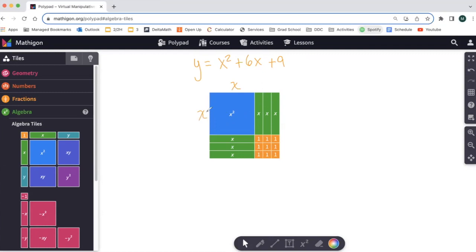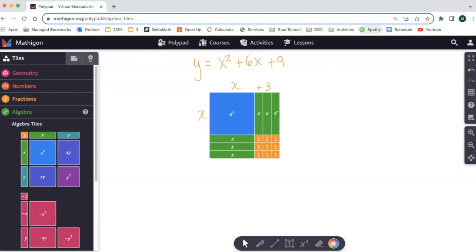So right here we have x times something was x. That would be a 1. X times something was x, that's 1. And x times something is x, that's 1. So what we really see here is on the side, it's really x plus 3.